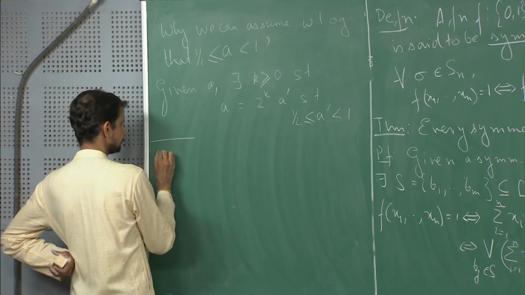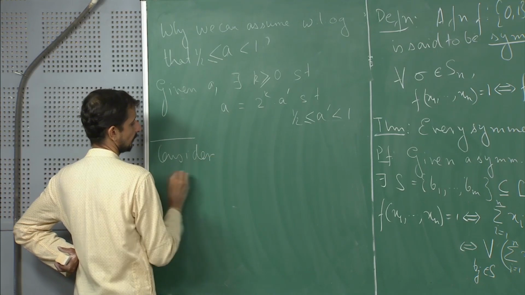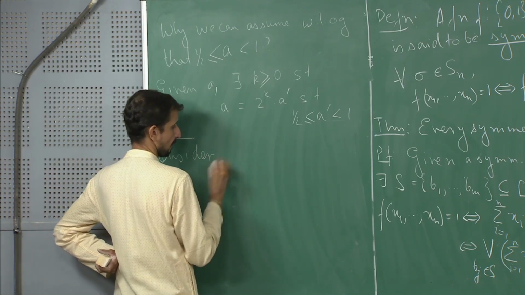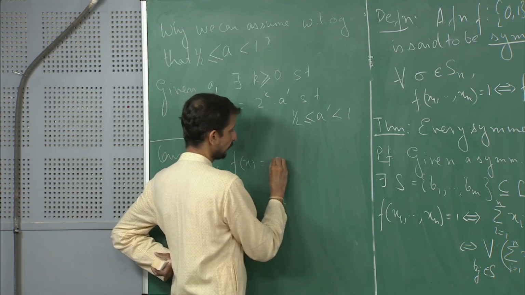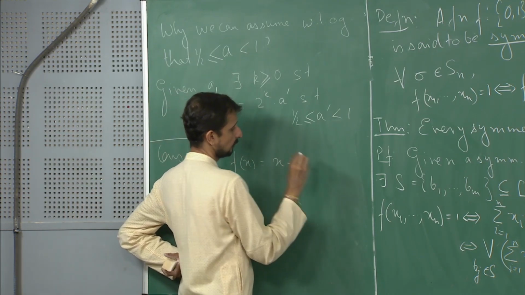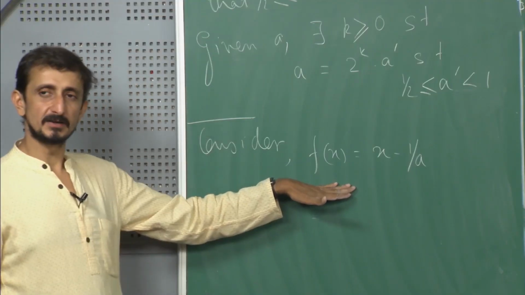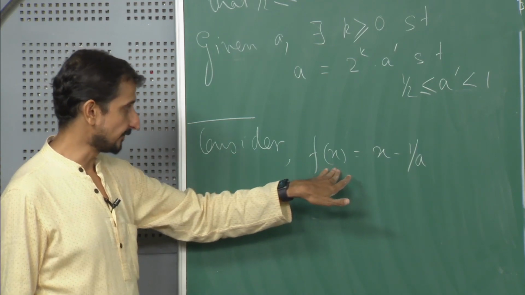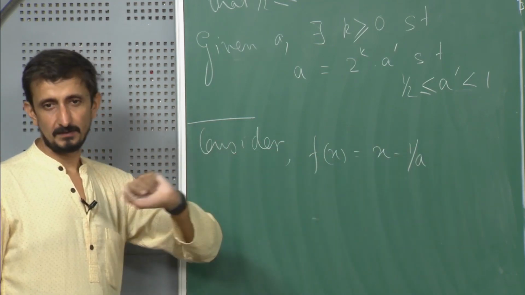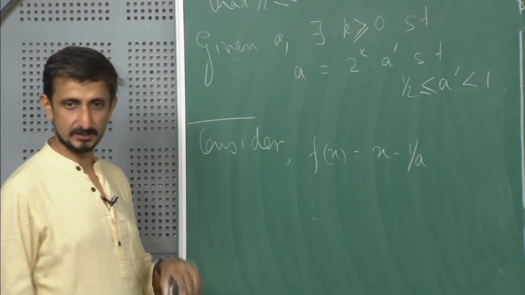Consider the function f of x, which is equal to x minus 1 over a. Essentially the root of this function is the value of the reciprocal. For whatever value f of x is equal to 0, that is the reciprocal. So what I want to compute is the root of this function.